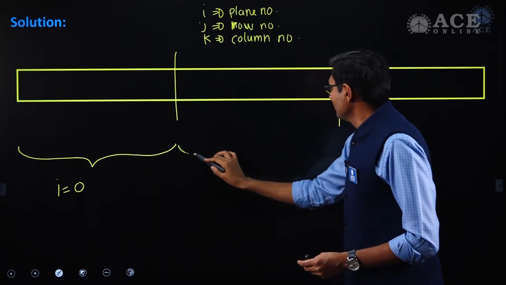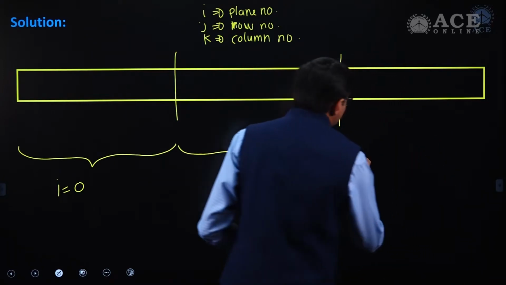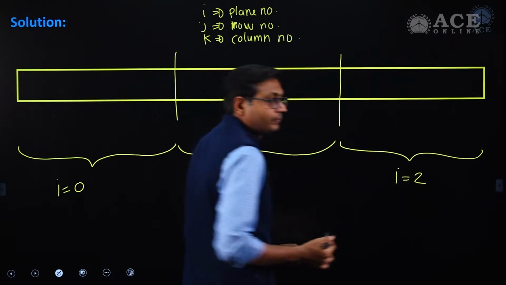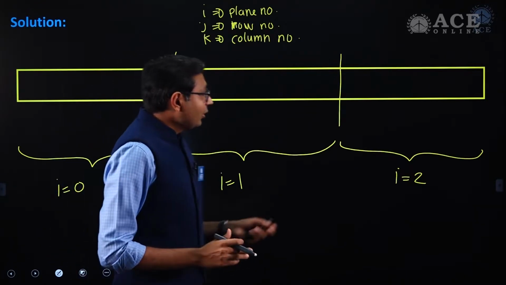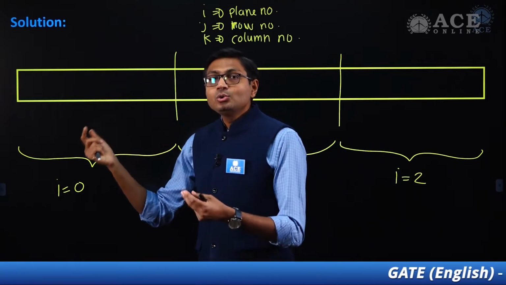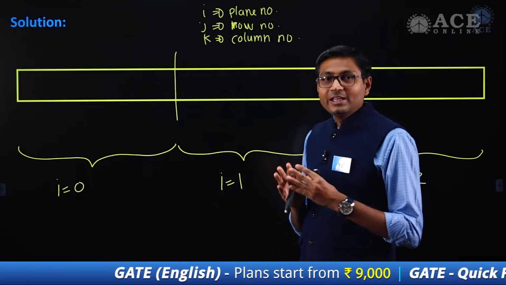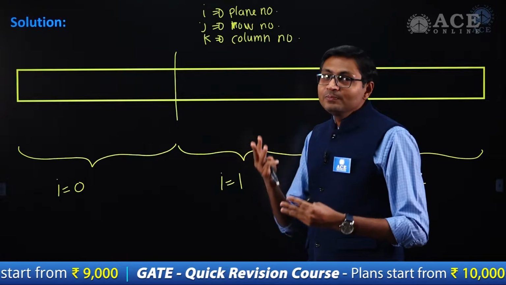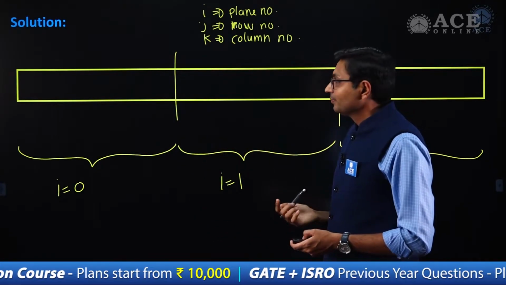This is i value 1, and this is i value 2, plane number. Alright. Now in this you can take each plane as a 2D array. So can I say the 3D array is a collection of 2D arrays? And in this collection, how many 2D arrays do we have? 3. First 2D array, second 2D array, and third 2D array.